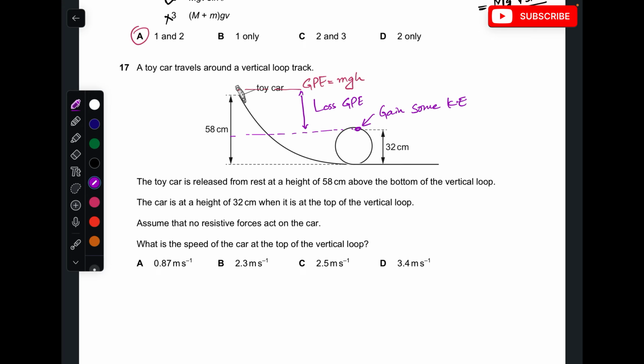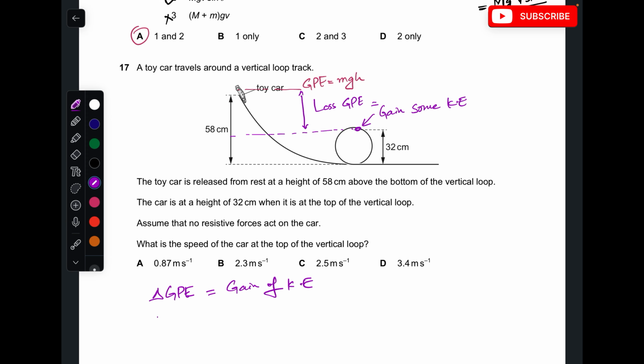So the amount of loss in the GPE will be equal to the gain in the kinetic energy. So I can say the change in GPE, gravitational potential energy, will be equal to the gain of kinetic energy, because initially it was zero, or you can say change of kinetic energy as well.